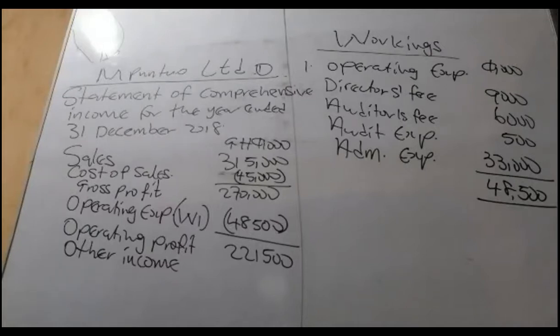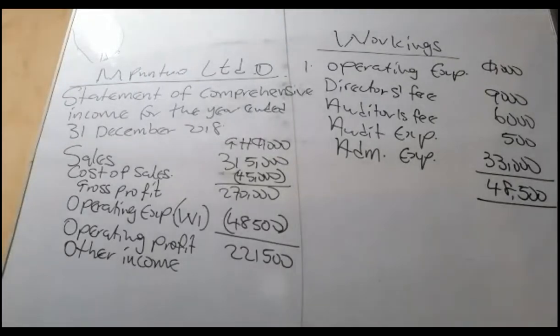Examples include investment income, rental received, interest or dividend received, profit on sale of PPE. It also includes rental income and then fair value gain on investment property. That is it.